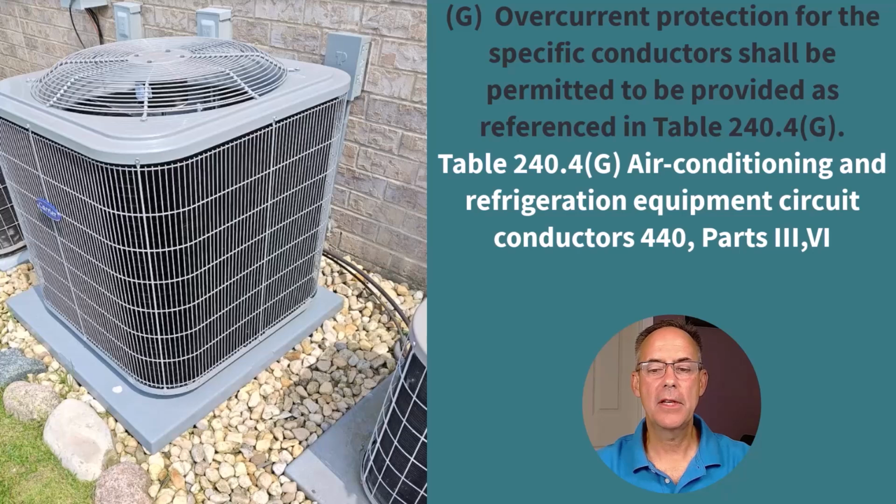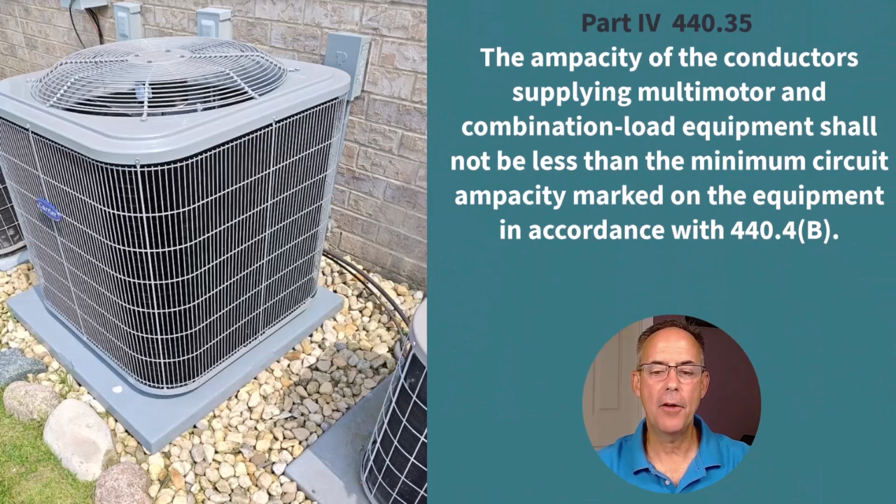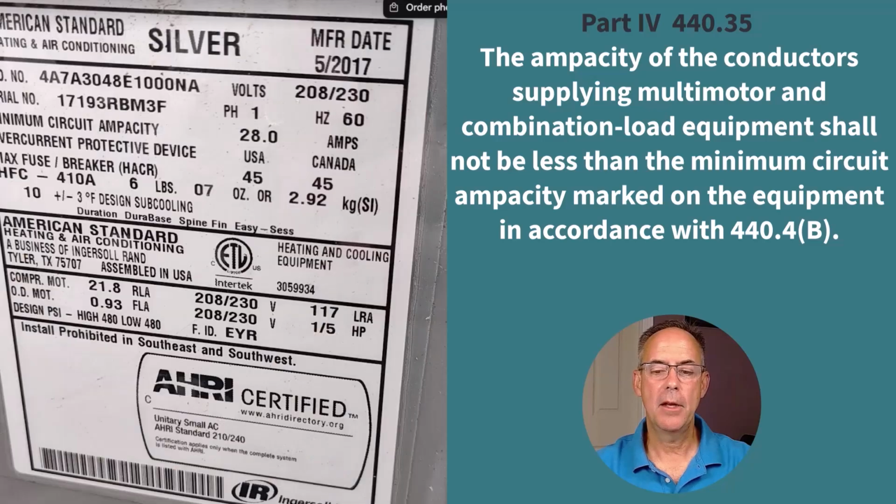Specifically, 440.35 tells us that the ampacity of the conductors supplying multi-motor combination load equipment, which our air conditioning equipment is, has to meet the manufacturer's marking on the equipment in accordance with 440.4(B). So it brings us back to where we started. For that particular equipment, they provide the manufacturer's requirements for minimum circuit ampacity and ground fault short circuit protection, or the breaker and/or fuse for that particular piece of equipment.